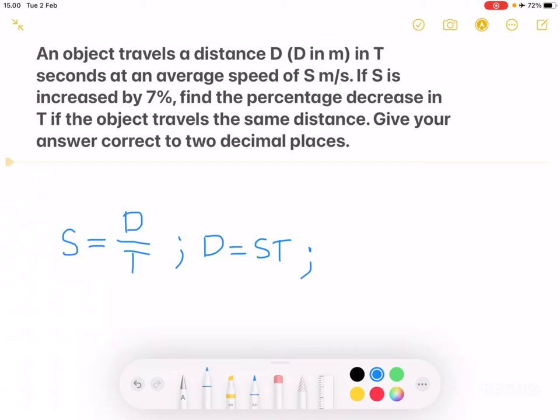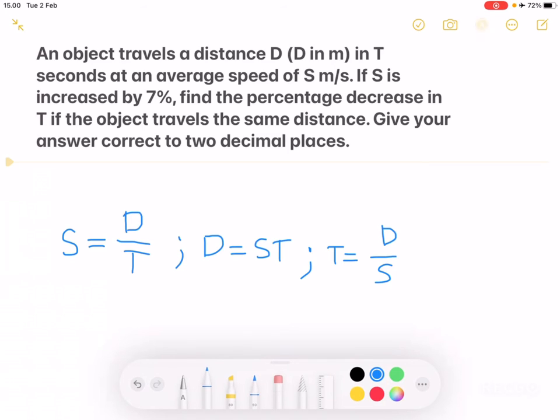Or you can also express t as d over s. And usually when there is a question involving certain variables and you might be unsure which expression you want to pick for some substitution, I would say just try to express every single variable in terms of the other variables if possible.